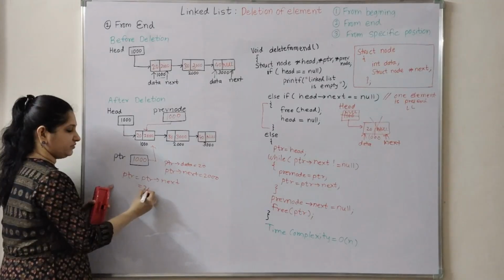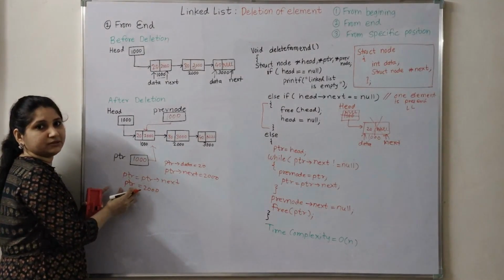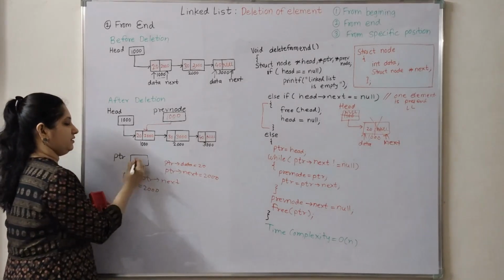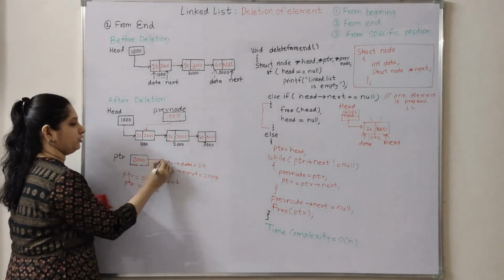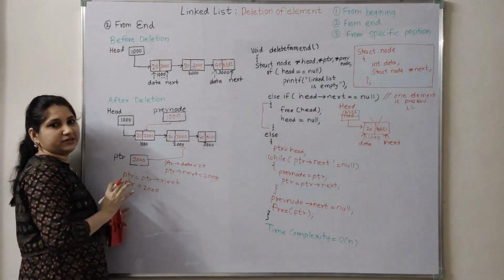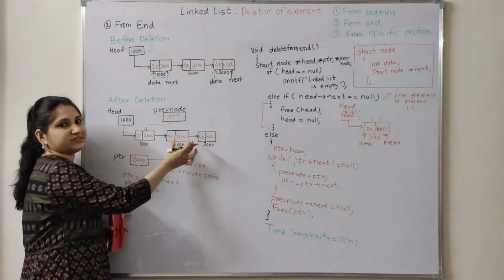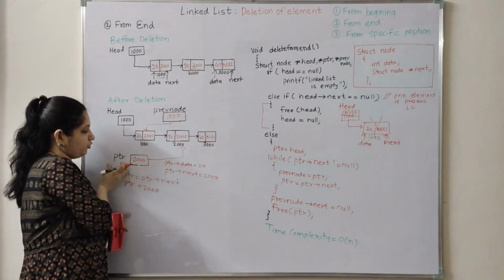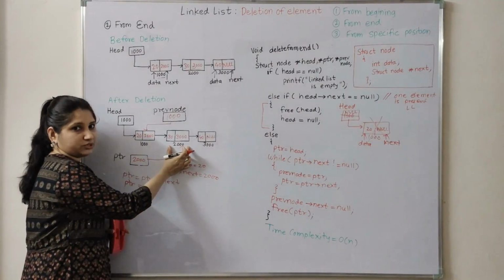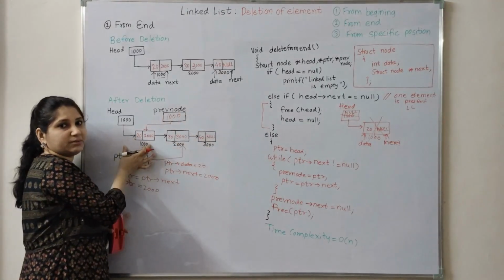So the value 2000 is assigned to our pointer variable, which is updated over here and points to memory location 2000. Now you can observe that we have moved our pointer from the first node to the second node. The value of pointer is 2000, pointing to location 2000, and the previous node points to location 1000.